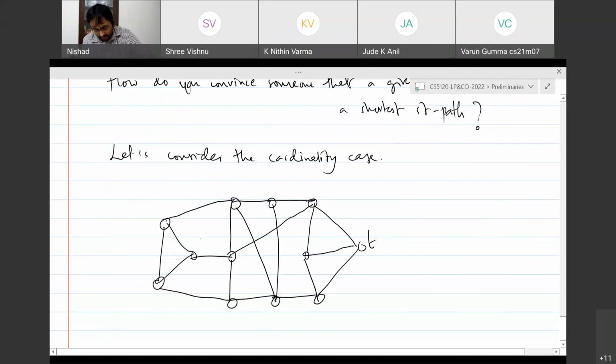Okay, so let's say this is S, V0, V1, V2, V3, V4, 5, 6, 7, 8, and 9.